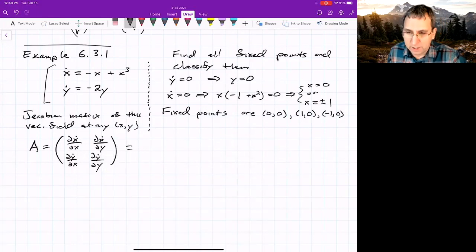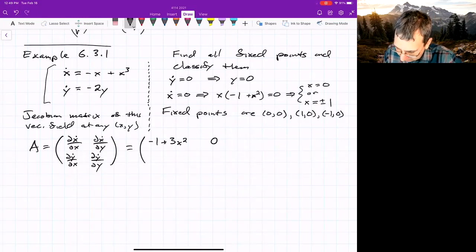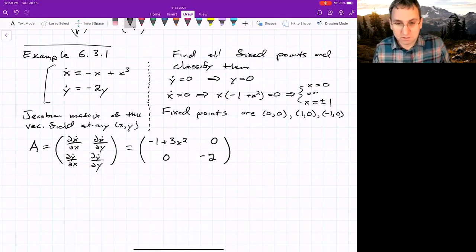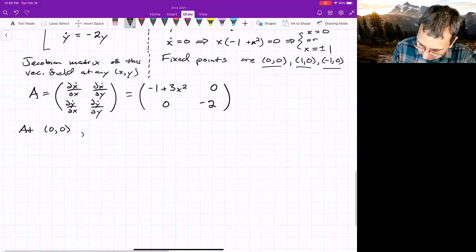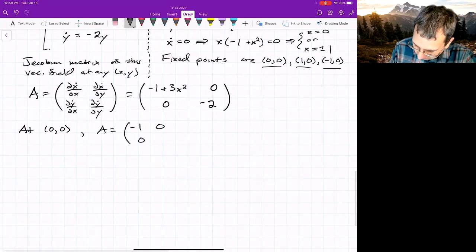You write that out, and what do you get? This is negative 1 plus 3x squared, and then x dot does not depend on y, so that's a 0. And here y dot does not depend on x, so that's a 0. And then y dot partial y gives us negative 2. This is at any general point x and y. So now we'll evaluate at these specific points. At (0, 0), A equals negative 1, 0, 0, negative 2.